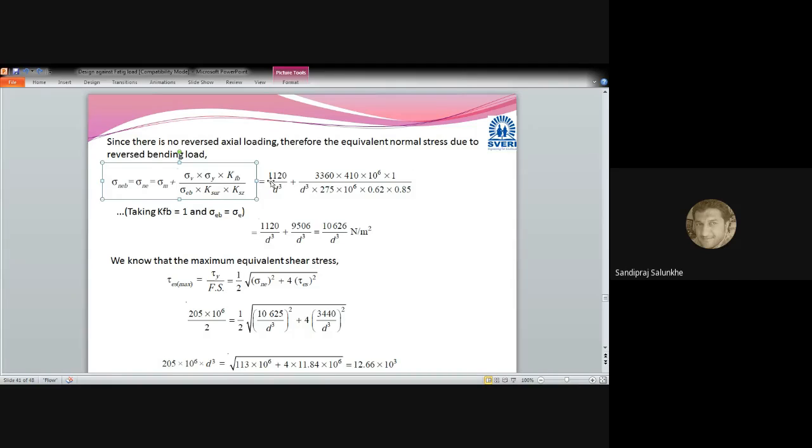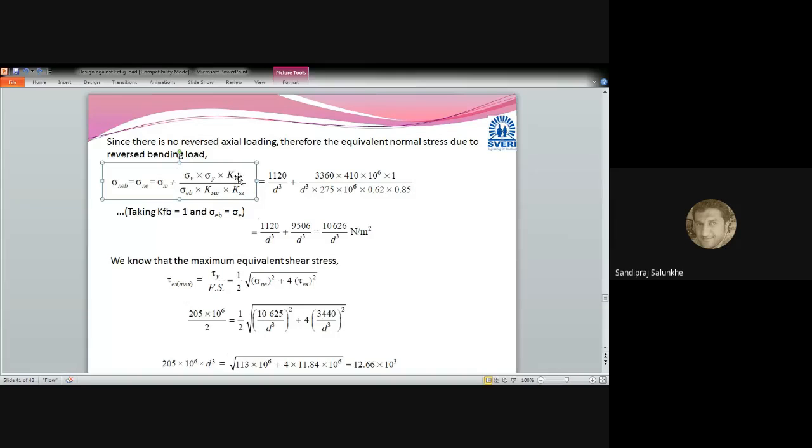That is, mean bending stress is 1120 divided by d cube plus average bending stress 3360 divided by d cube, into sigma y, the yield strength, given as 410 into 10 raised to 6 Newton per meter square.